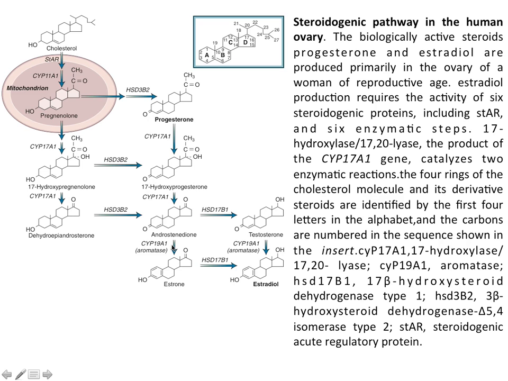Then it can convert into androstenedione. This androstenedione can convert into testosterone further, or it can finally convert into the estradiol. So here you can see the cholesterol to estradiol conversion in the ovarian cell.